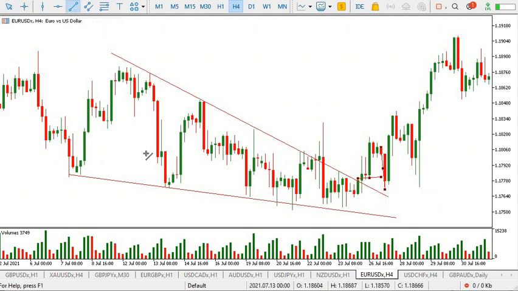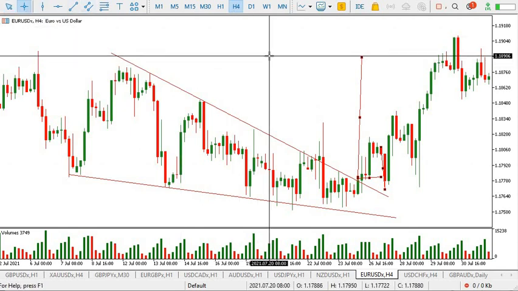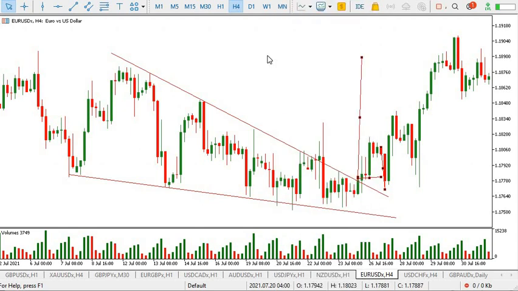So as I said, we will target the exact area as was formed by the falling wedge or the rising wedge. So it could have easily achieved the targeted profit, and this should be our initial target.